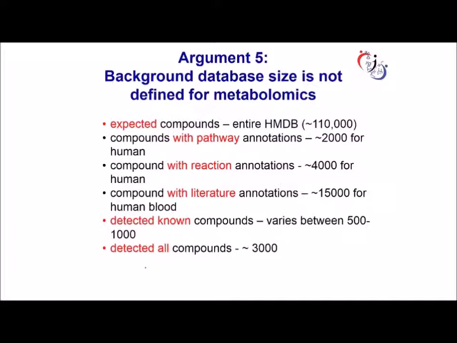So which database should we use? The entire HMDB, which has almost 110,000 compounds, or compounds with pathway annotations, or compounds with reaction annotations, around 4,000 of them for human, or compounds with literature for human blood, about 15,000? Or we can say we use detected known compounds, which is between 500 to 1,000, or all detected compounds, which is around 3,000, or 3,000 to 8,000 for a human blood specimen.